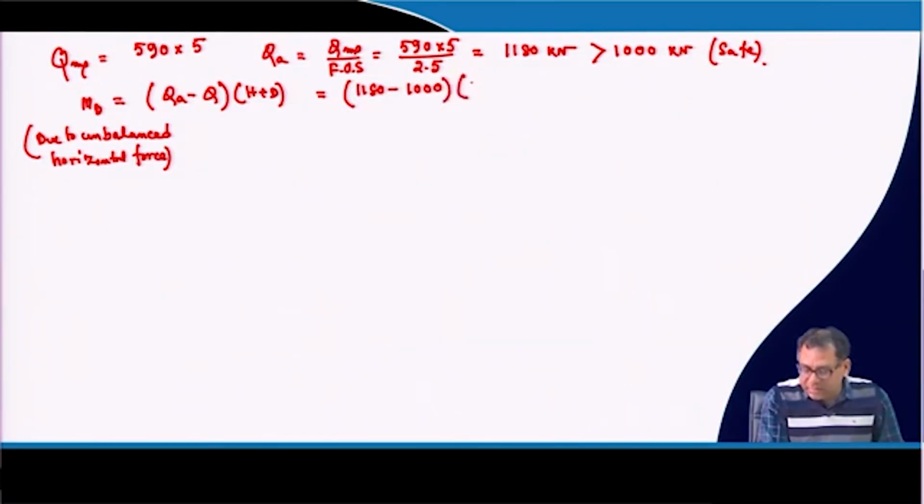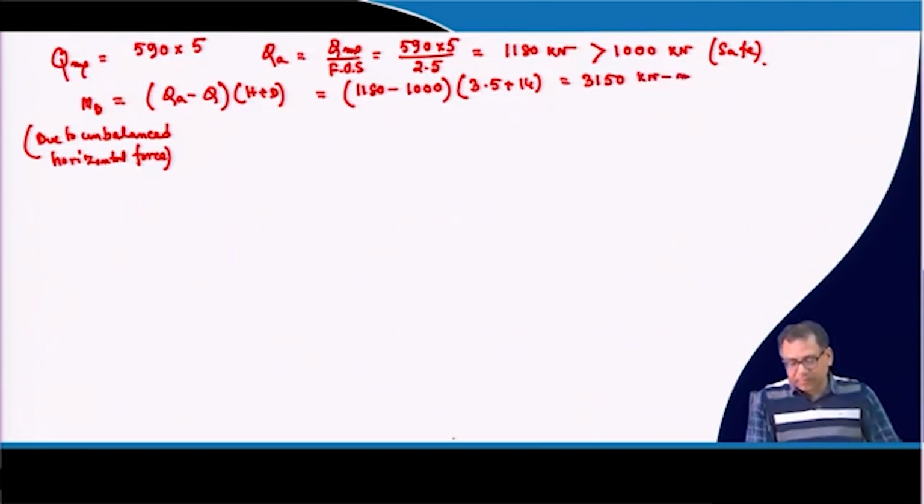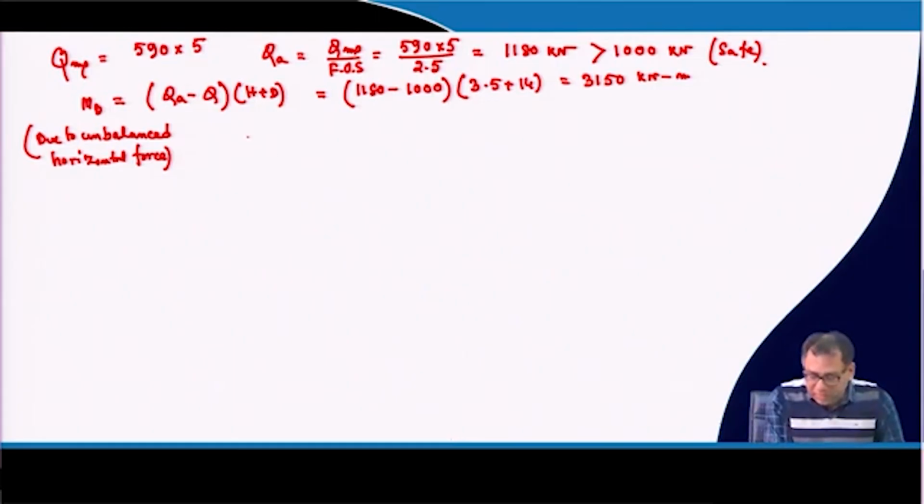H is 3.5 and D is 14. So, this is 3150 kilonewton meter. Okay. So, due to the unbalanced force there will be a moment.